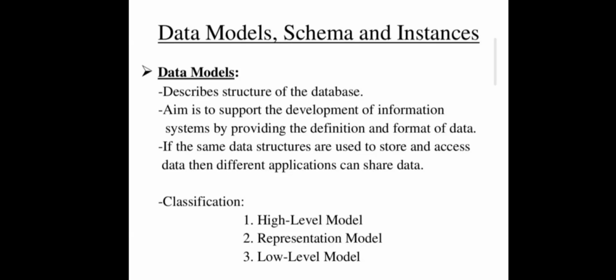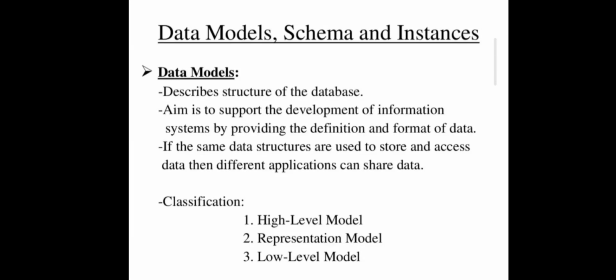If the same data structure is used to store and access data, then different applications can share the data. There are many classifications of the data model. The first one is high level model. Second one is representation model. Third one is low level model.